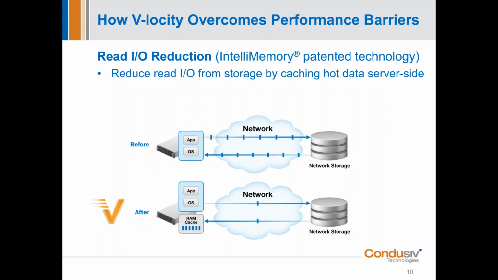In addition to sequentializing storage I/O traffic for greater throughput of data, V-locity also provides an intelligent RAM cache that will allow your applications to be served hot reads at the speed of RAM instead of the speed of the disk storage layer and the network connecting it to the servers.